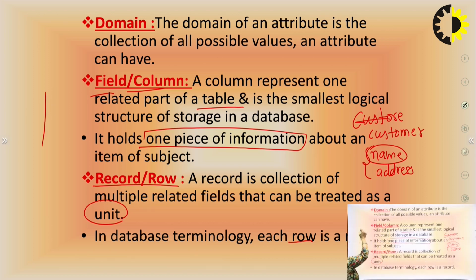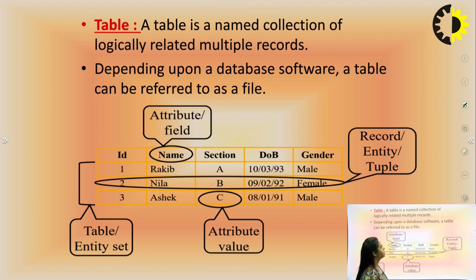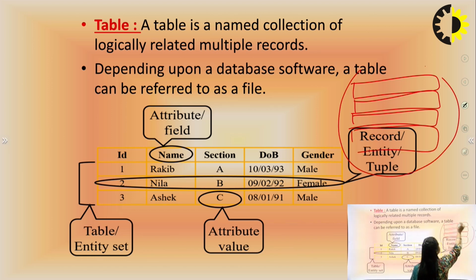For example, this is a table in our database. This is known as a field or column, and this is known as a row or record. Next is table. A table is a named collection of logically related multiple records. When we combine multiple records, 1 record, 2 records, 3 records, 4 records, combined together this is known as a table.